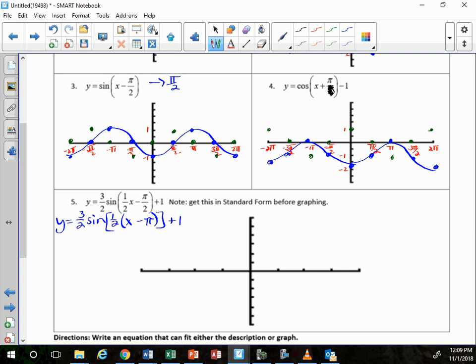Guys, think order of operations. You would multiply before you'd add or subtract, right? So relabel your x-axis and do that vertical stretch before you do any sort of shifting.